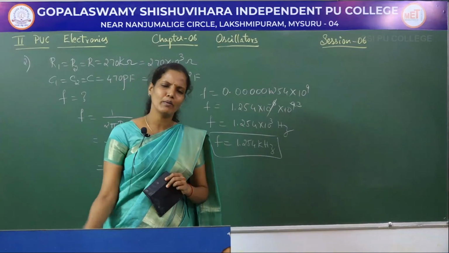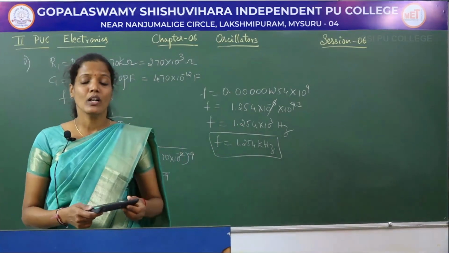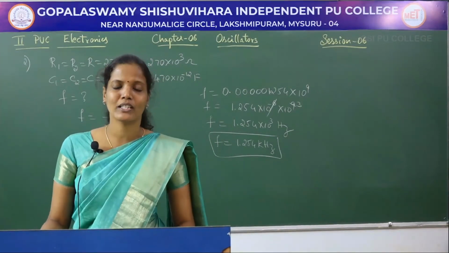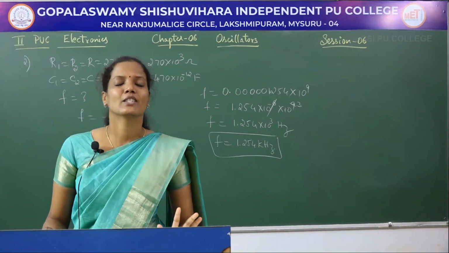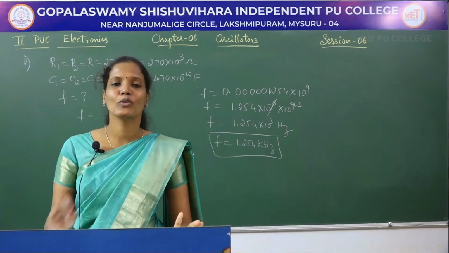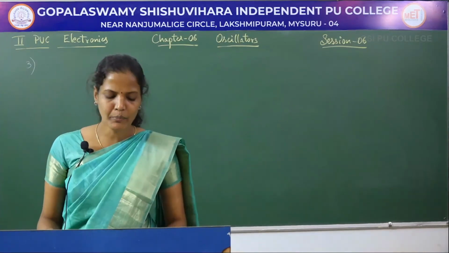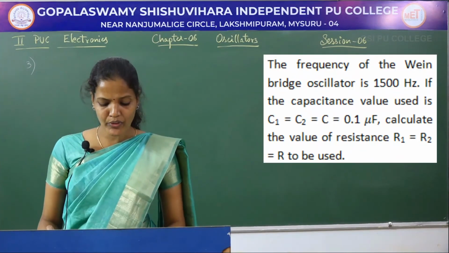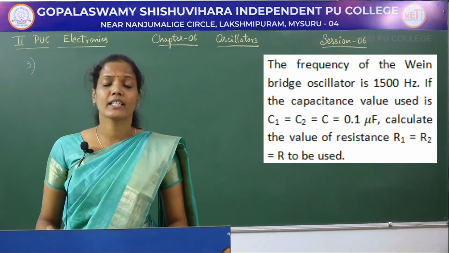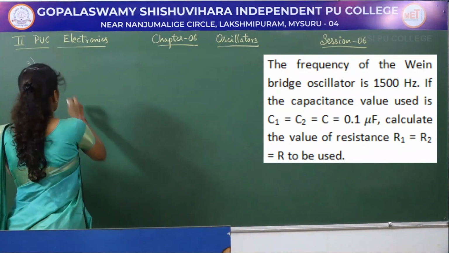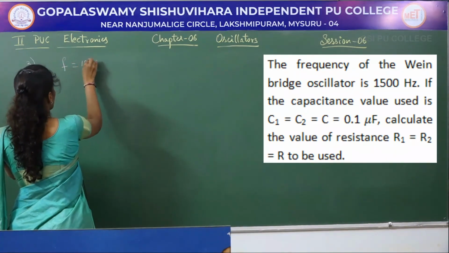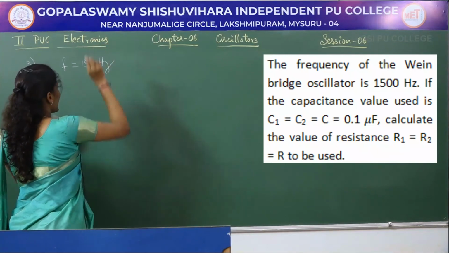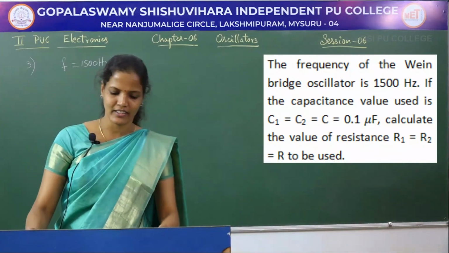Clear? So the problems are simple. You have to remember the formulas for different oscillator circuits and solve the problem accordingly. Now we will move on to the next problem. The third problem is, the frequency of the Wien bridge oscillator is 1500 hertz, that is f is equal to 1500 hertz.